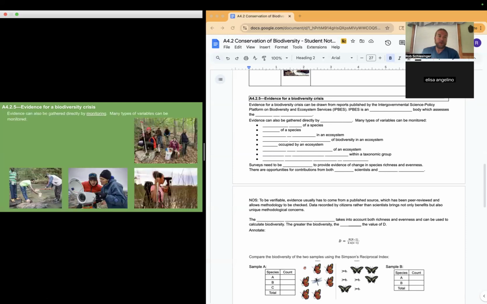All right. And how do they collect their evidence? The big one is monitoring. They're not necessarily doing any super intensive experiments. They're just doing observations. So they're tracking numbers and looking at how ecosystems are changing. So they're looking at the population size of species within those ecosystems, the range of species, the diversity of species. Again, the richness and the evenness, that's the big one.